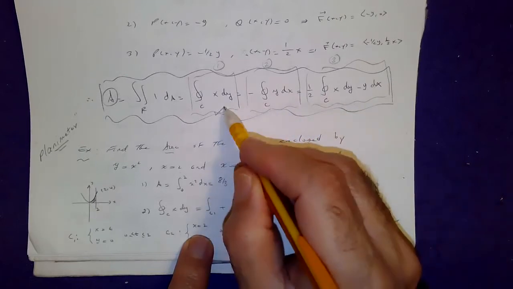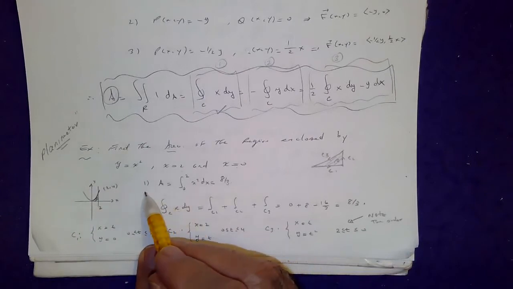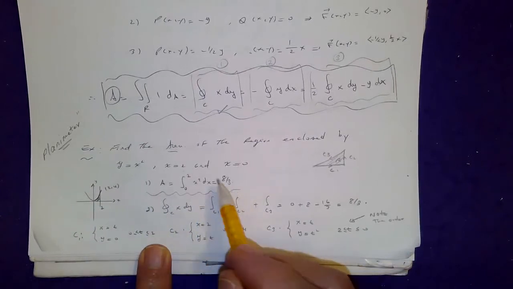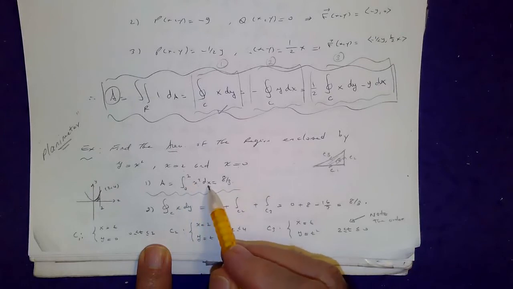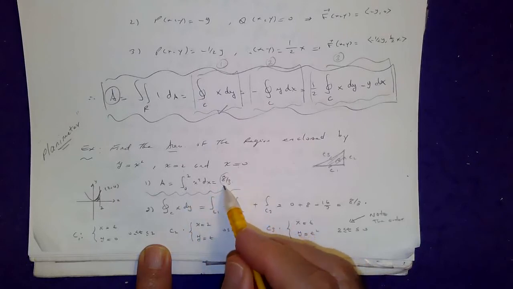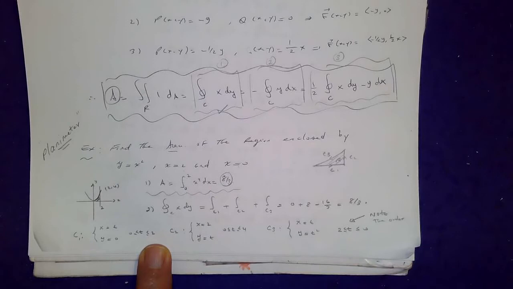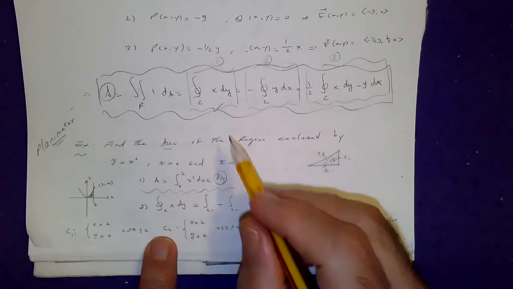I chose this one to find the area. If you were going to do it the calculus way, the area is the antiderivative of x squared dx, where x goes from 0 to 2, and you get 8/3. But if you apply Green's theorem, you can also find the same area.